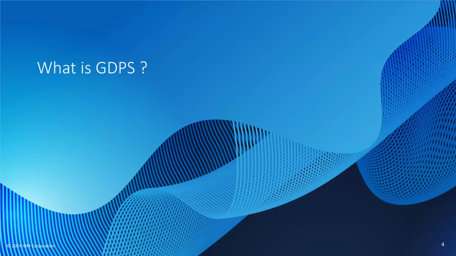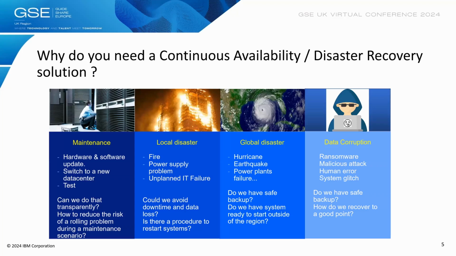So first, what is GDPS? And actually, before even talking about GDPS, let's have a look at the different scenarios that drive the need for a disaster recovery and continuous availability solution. So of course, for many companies, IT is an essential part of the business, and data and operations must remain available 24/7 and must be recoverable.